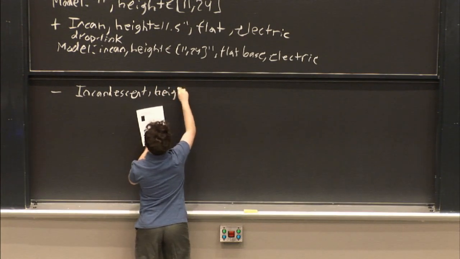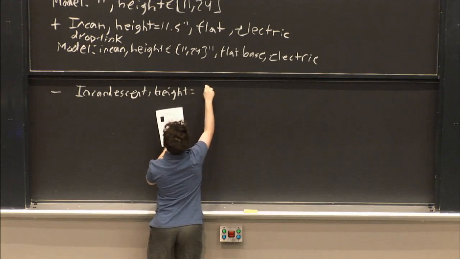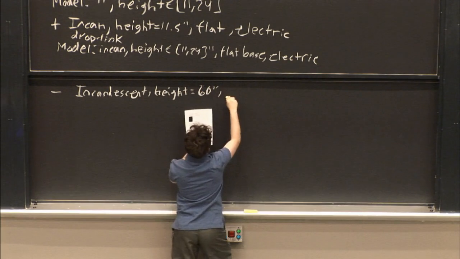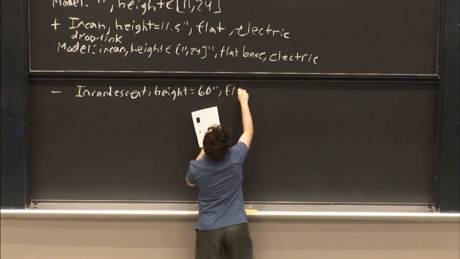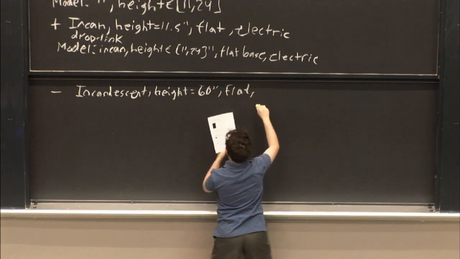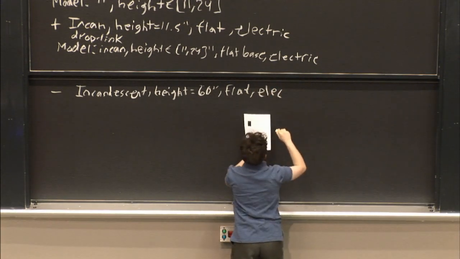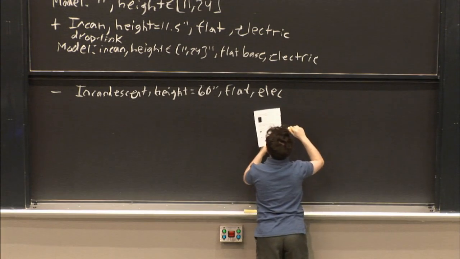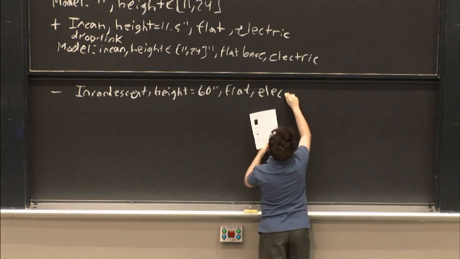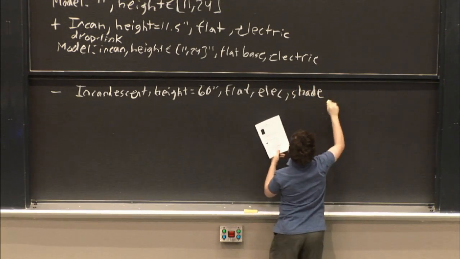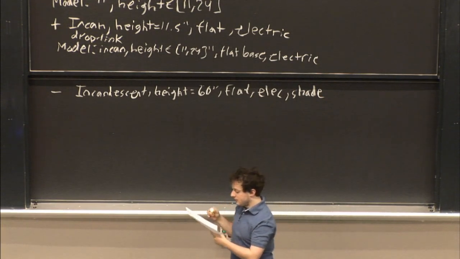Height equals 60 inches. Flat, back in the old days when flat was the only one we had. Electric, back in the old days when we had electric. And we also have shade after we've dropped the link for shade, so we know that shade or not shade are both okay.